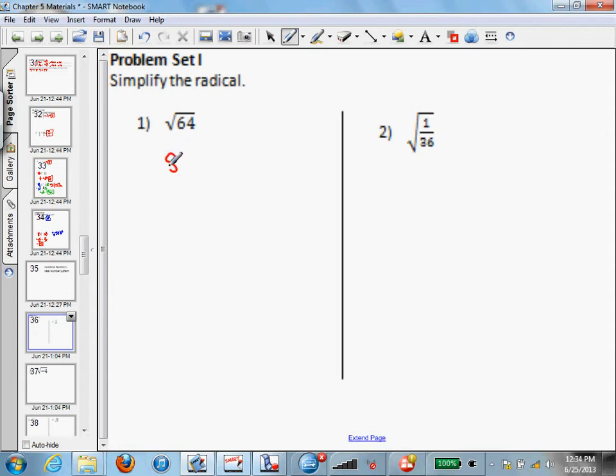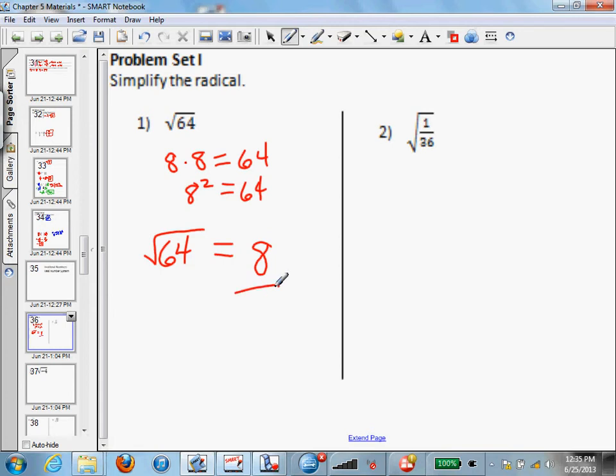Like 64, you can think of that as 8 times 8 gives you 64, or that 8 squared yields 64. And you can think of the square root, this is the square root that we see, and this square that we did to this 8, as inverse operations. So the square root of 64 is going to yield 8.